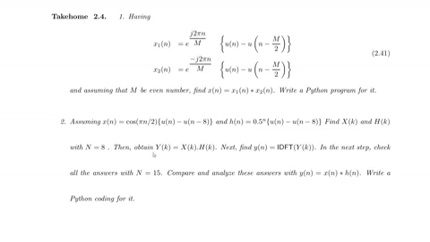Then obtain y of k. Next, find y of n using inverse DFT. In the next step, check all the answers with N being equal to 15. Compare and analyze these answers with y of n obtained from linear convolution. Write a Python coding for it.